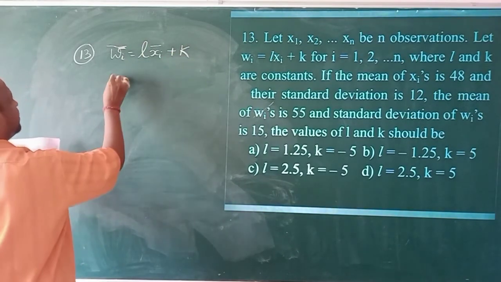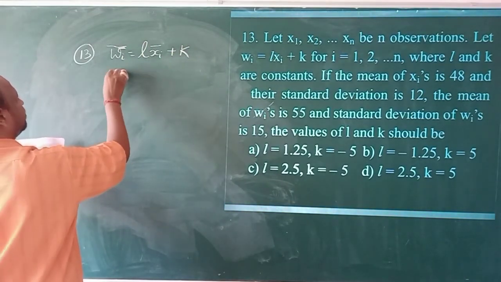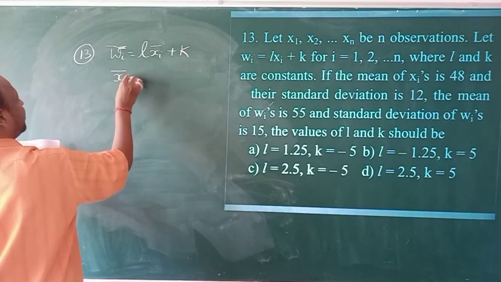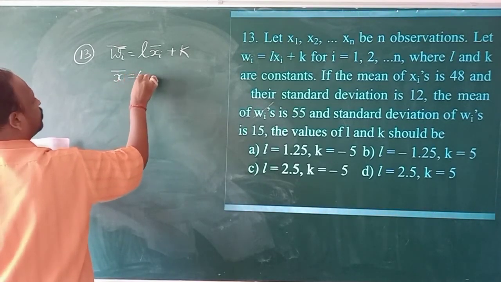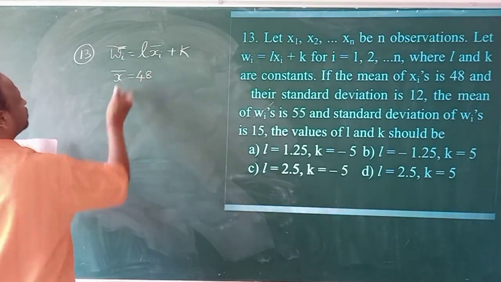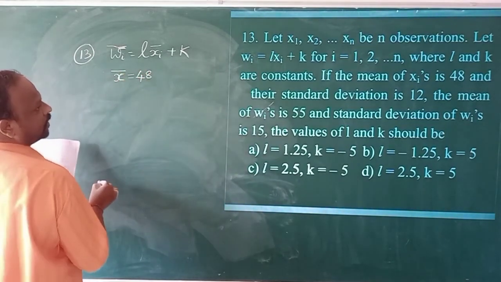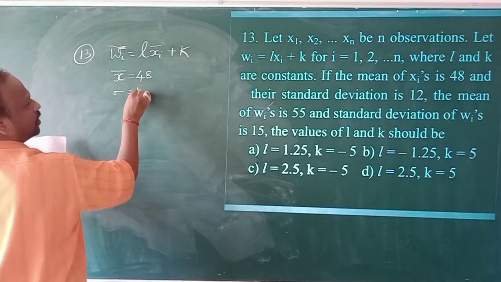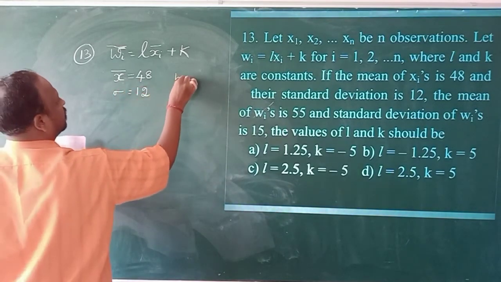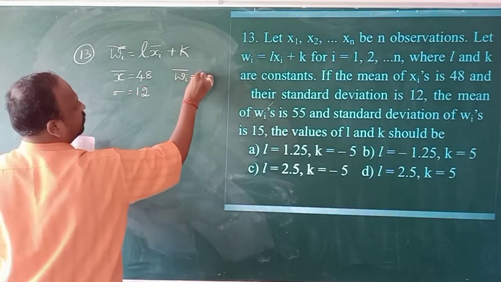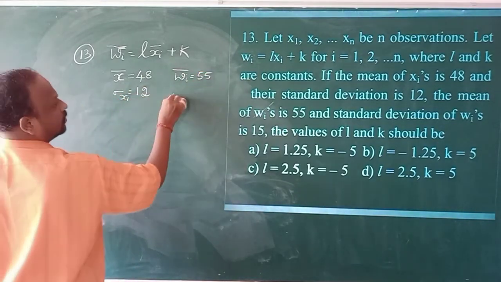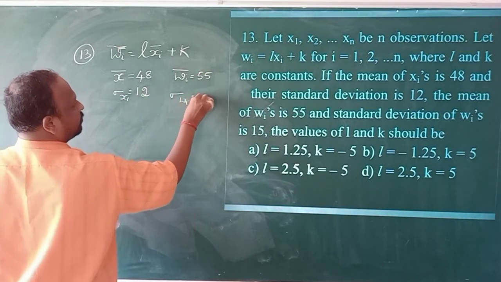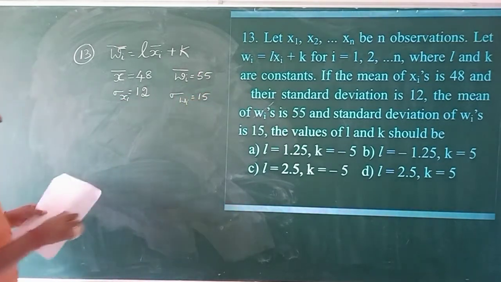The mean of the xi's, that is x bar, is equal to 48 and the standard deviation is 12. The mean of wi will be 55 and the standard deviation of wi will be 15. Find the values of L and k.